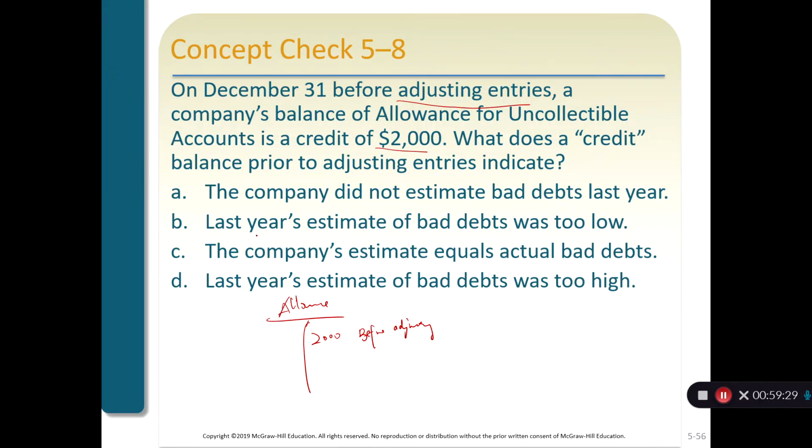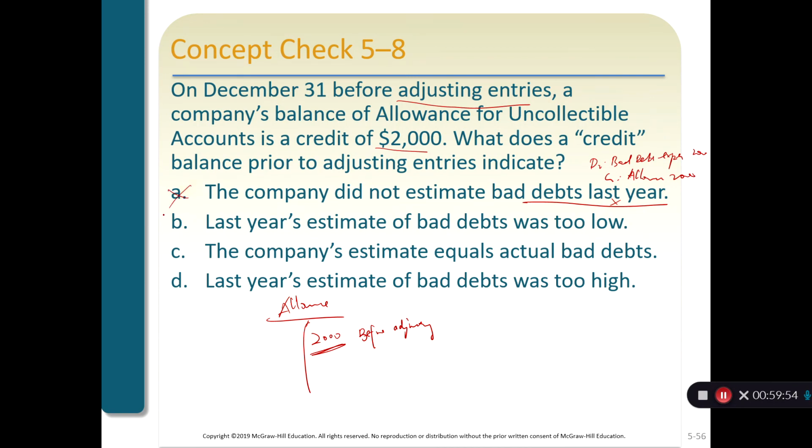Did the company not estimate bad debt last year? No, it did, because this $2,000 definitely comes from bad debt expense and credit to allowance. That's why they have a $2,000 balance.